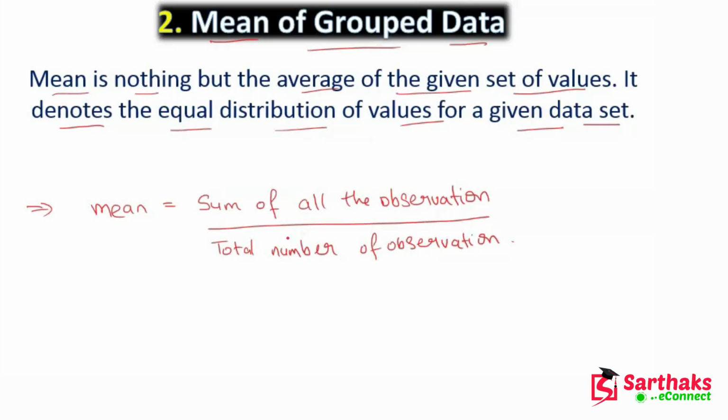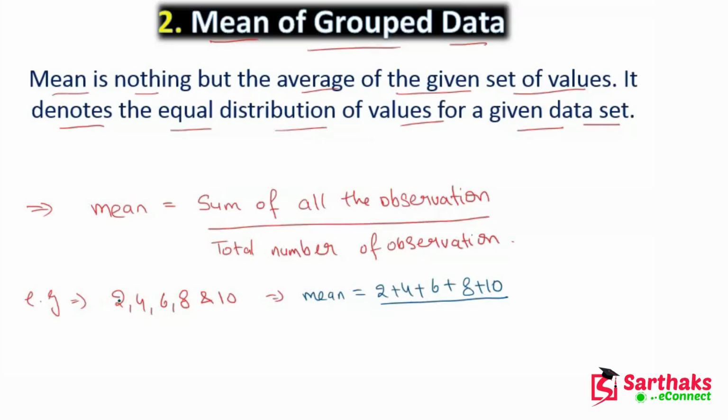Let's suppose we have numbers like this: 2, 4, 6, 8 and 10, and we have to find the mean. So how can we find it? Mean is equal to 2 plus 4 plus 6 plus 8 plus 10 divided by what?